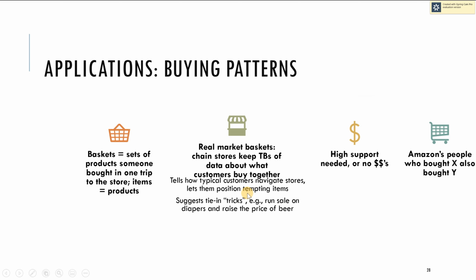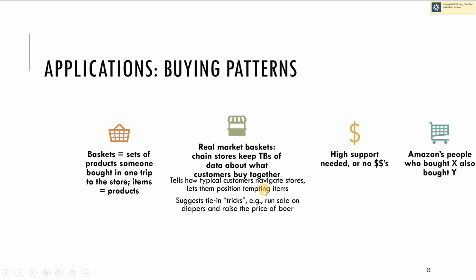So these are the applications of buying patterns. For example, a basket is a set of products someone bought in one trip to the store, and item equals product. A real market basket is a chain store that keeps terabytes of data about what customers buy.